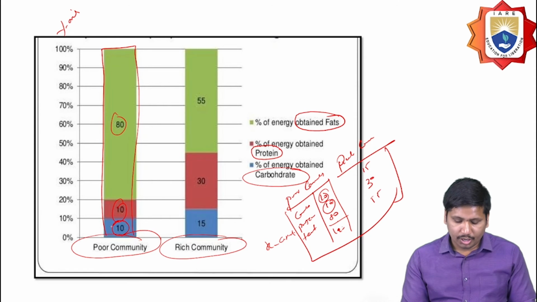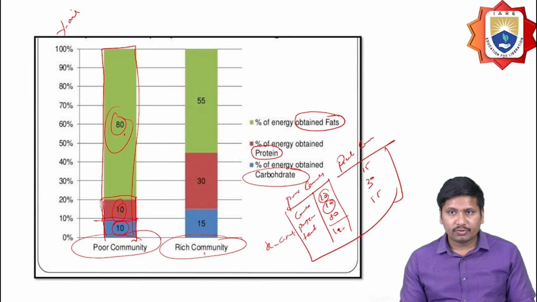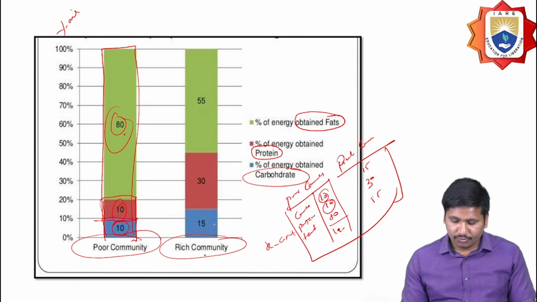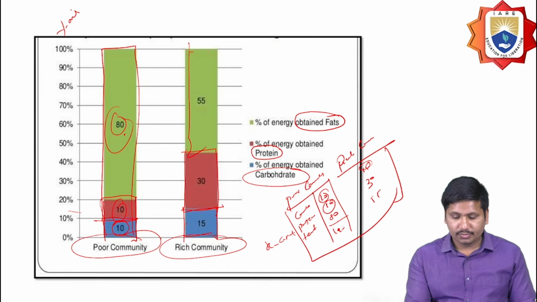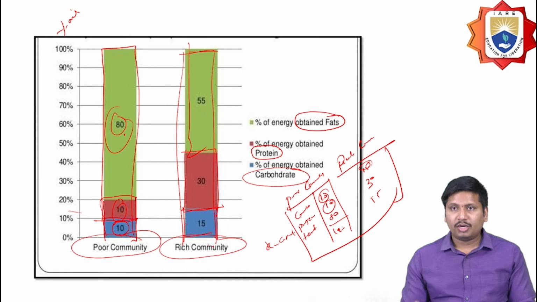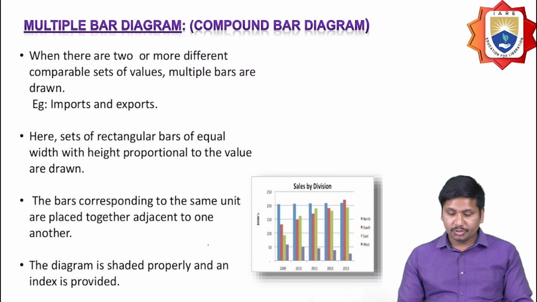So 10 for carbohydrate, make it blue, again 10 for protein, make it red, and the remaining total fat is 80. Similarly, in case of the rich community, it should be around 15, so make a mark of 15%, and the remaining protein is 30% and fat 55%. So this comes under the single bar, that should be composite.